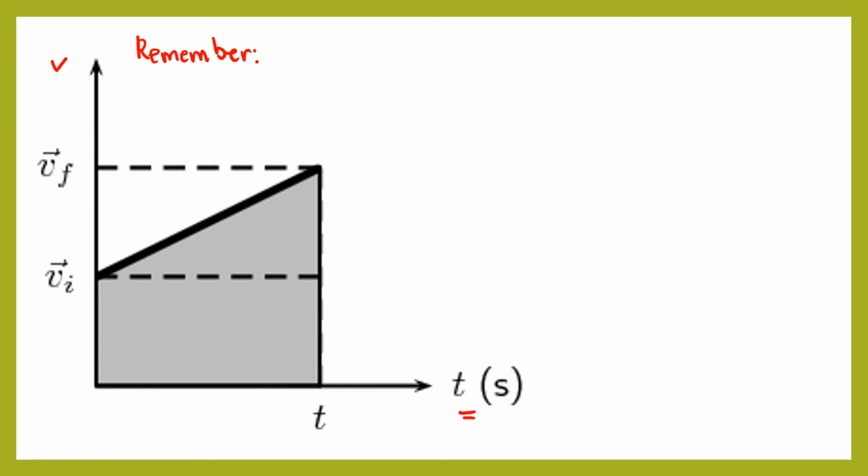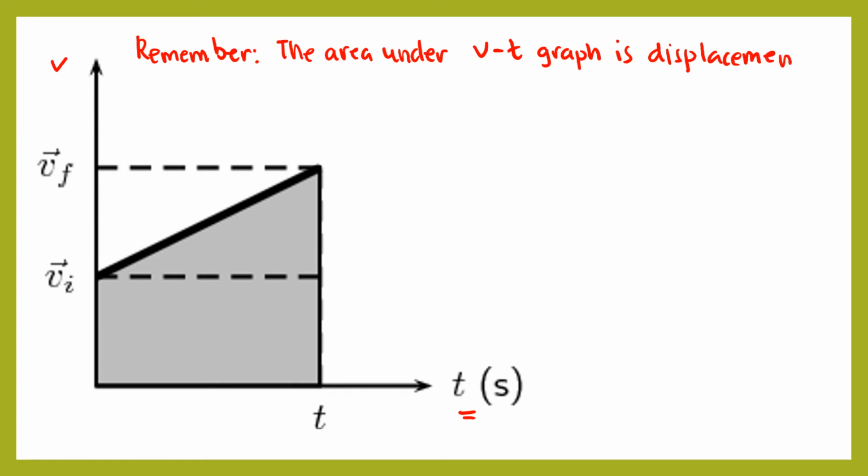And displacement is just final position minus initial position, or the change in position of the object, that is x final minus x initial.